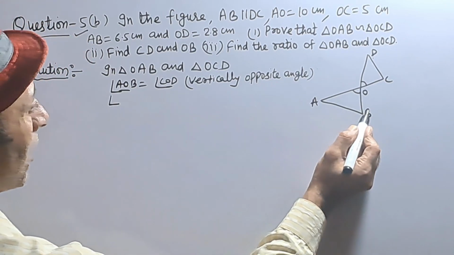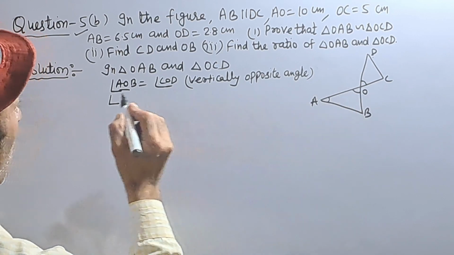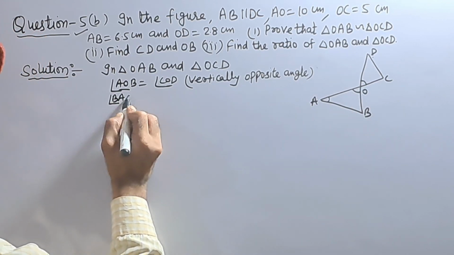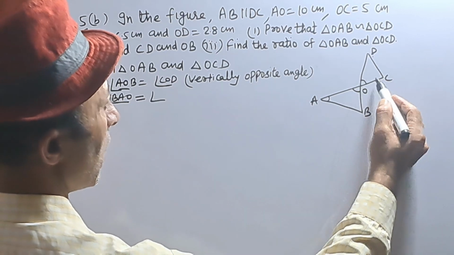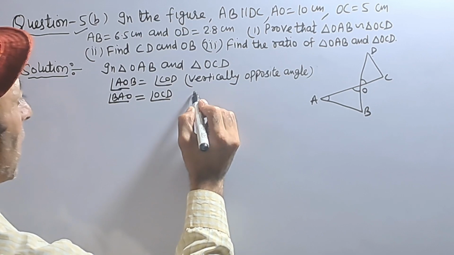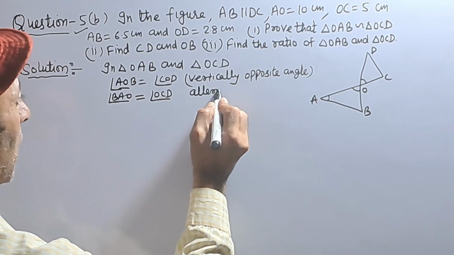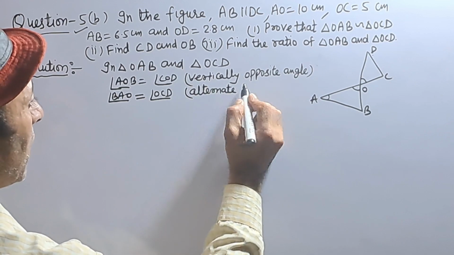Angle BAO is equal to angle OCD, alternate angle.